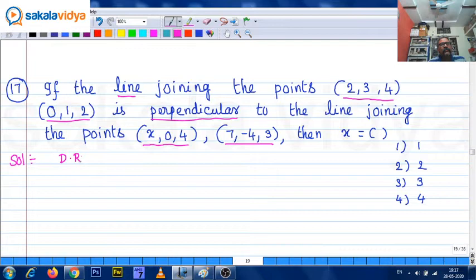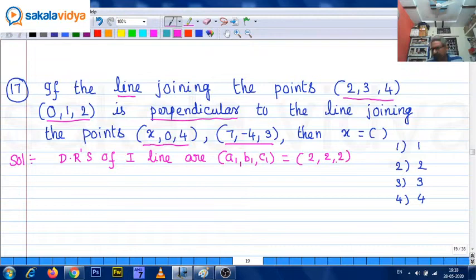Direction ratios of the first line are a1, b1, c1 equals 2 minus 0 is 2, 3 minus 1 is 2, 4 minus 2 is 2.